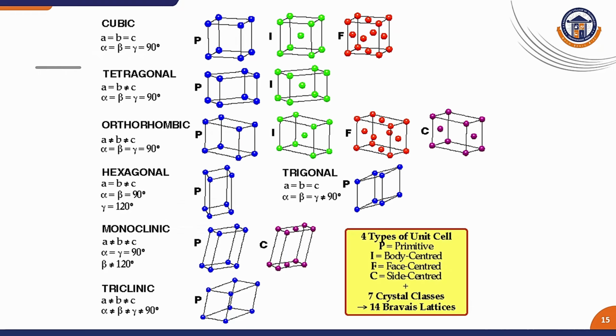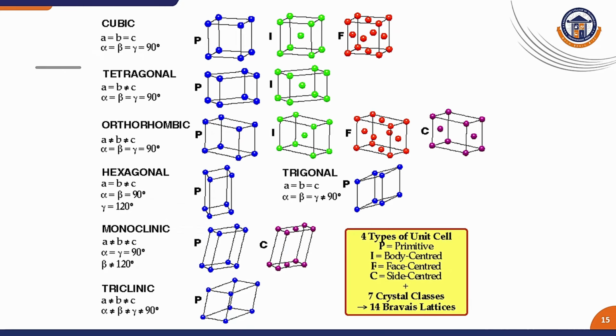Body centered has one atom at the center. Face centered has one atom at the center of each face. Base centered has atoms at the centers of two opposite faces. These combinations with the seven crystal systems give us the 14 Bravais lattices.